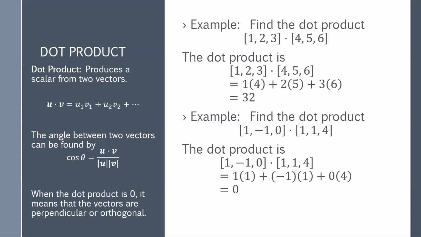So if that dot product, u dot v, is 0, then we know that our vectors have to be perpendicular, or what's called orthogonal. So if we take the dot product of 1, -1, 0 with 1, 1, 4, we get 1 times 1 plus 1 times -1 plus 0 times 4, which is 0, meaning that these two vectors are perpendicular or orthogonal to each other.